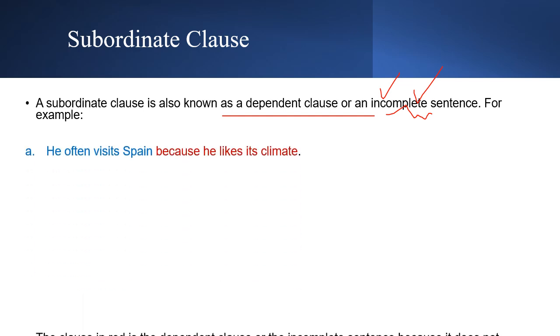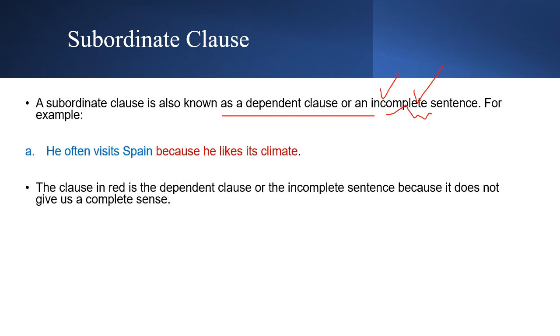So again, the same thing. The clause in red is a dependent clause because it depends on the blue one; it does not give us full sense without it. It cannot stand on its own.